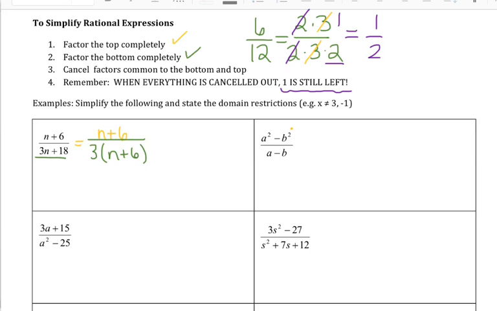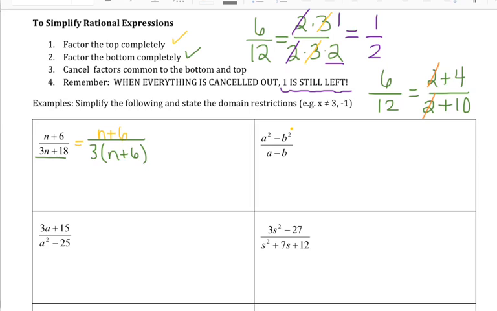Now, one thing that students will do sometimes when they're simplifying rational expressions is they'll say, well, I've got a couple of things that add together, 6 plus 4, and 2 plus 10 gives me 12, so let's just cancel out the 2's because they're added together.